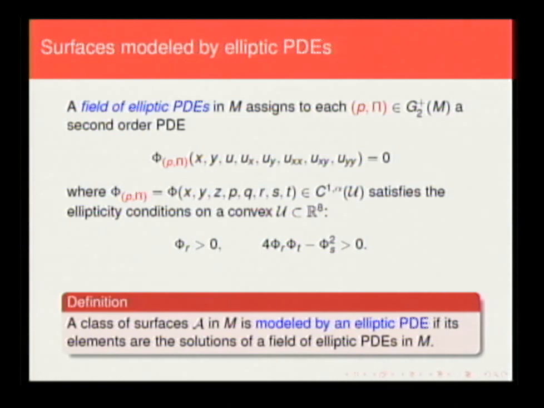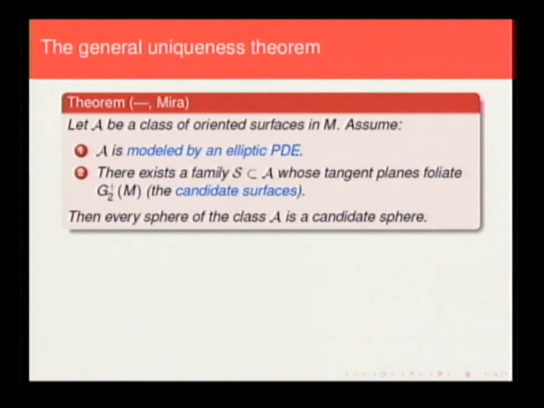For instance, if we consider CMC in a general ambient space, A is in fact the set of all the CMC surfaces in the ambient space. So this is the meaning of being modeled by an elliptic PDE. The result asserts that if A is a class of oriented surfaces modeled by an elliptic PDE, and there exists a family whose tangent planes foliate the oriented Grassmannian of planes of M.